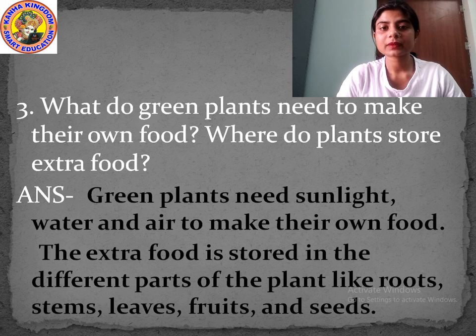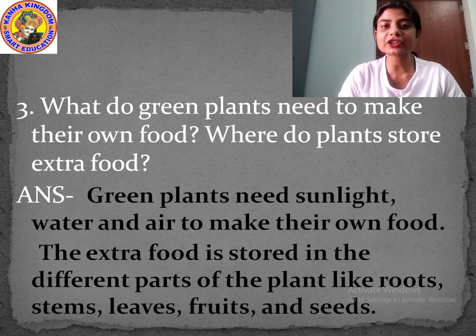The answer is, green plants need sunlight, water and air to make their own food. The extra food is stored in the different parts of the plant like roots, stems, leaves, fruits and seeds.